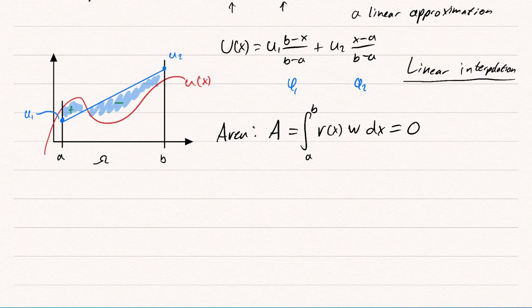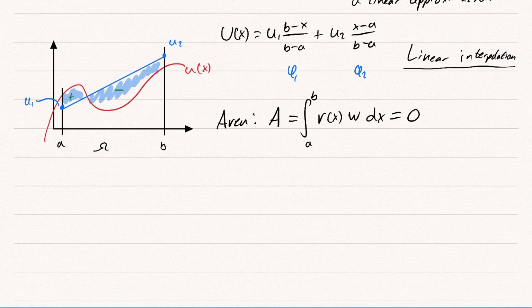Otherwise, it would look like this, and this would definitely never be equal to 0, and then we would try to minimize this. It's easier to just formulate this and set it up as an equation, and if you find this, we have minimized the area. That's much easier than formulating it as a minimization problem, especially since you probably haven't done a course in optimization. So this is how we're going to run this.